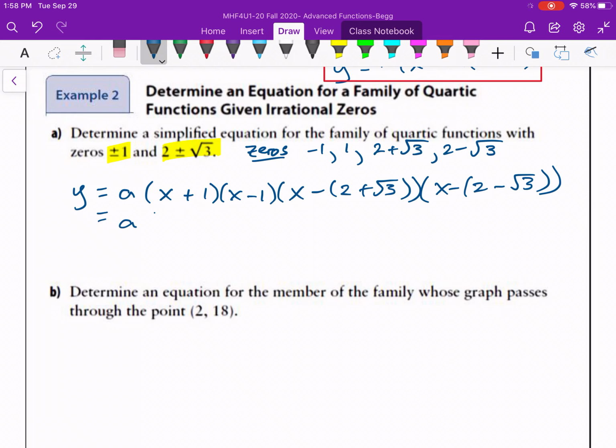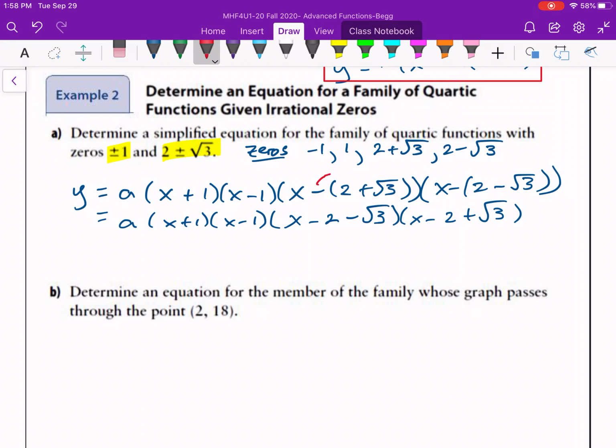When I take the brackets off, the first two I've already done, but when I take those inner brackets off, what I get is x minus 2 minus root 3 and x minus 2 plus root 3, respectively, because this minus sign turns this negative and it changes this sign, and that's how we get the signs we get. And again, this becomes negative. This actually becomes positive when we combine the two negative signs. That's our answer for the whole family.